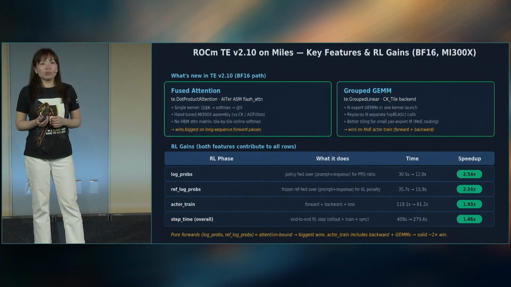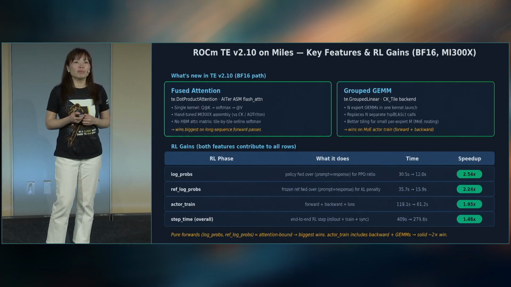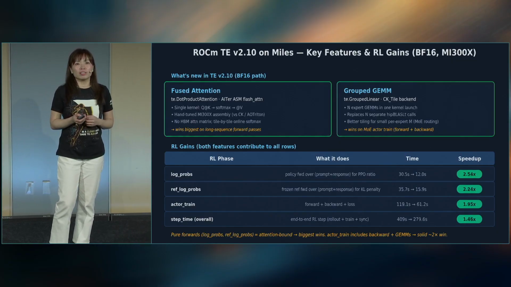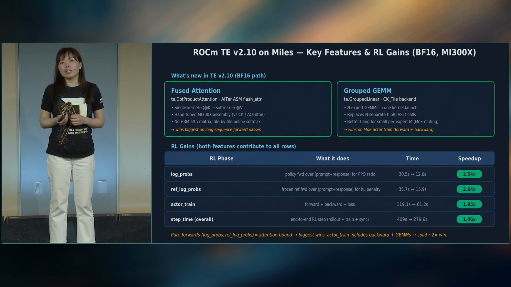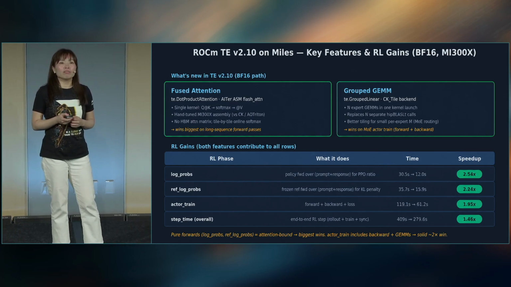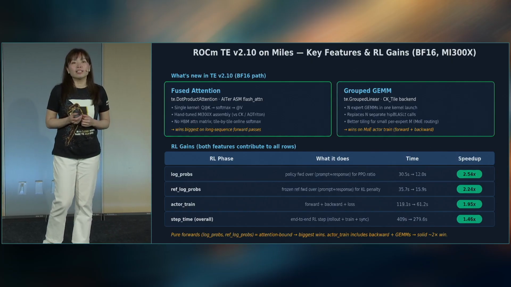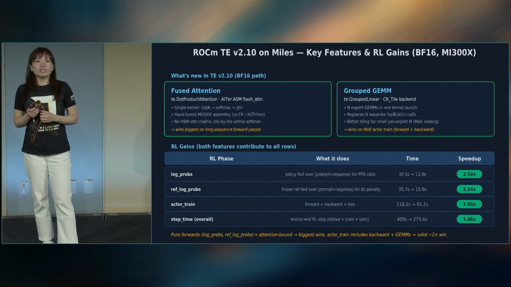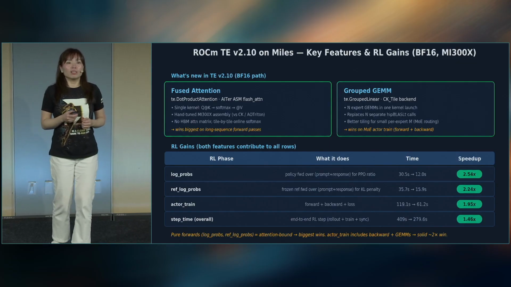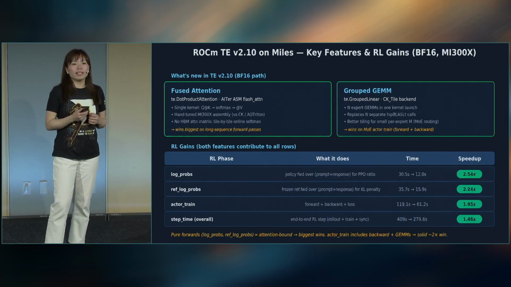So let's go to the training side. We mainly optimize Transformer Engine, which is the key component in Megatron-LM. With our latest TE version, we have two major updates. The first is fused attention, and the second is grouped GEMM. Fused attention uses a single kernel that combines QK, softmax, and V together.